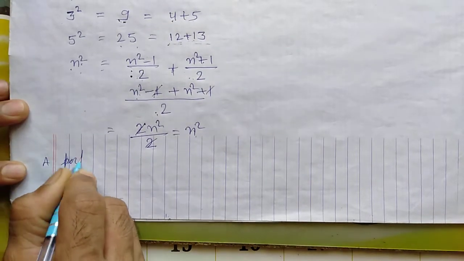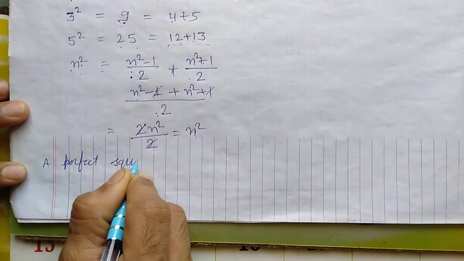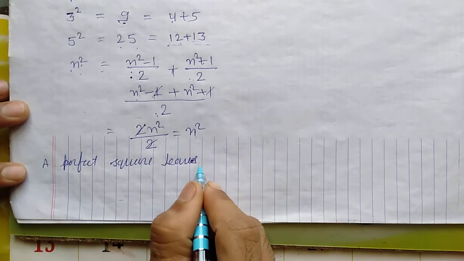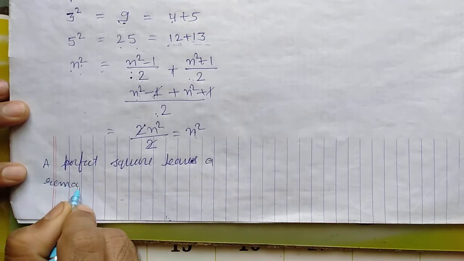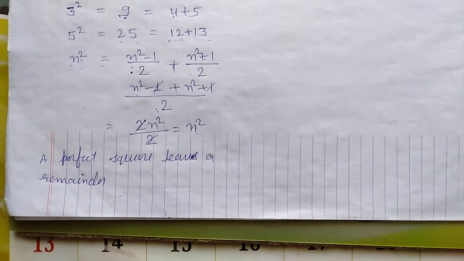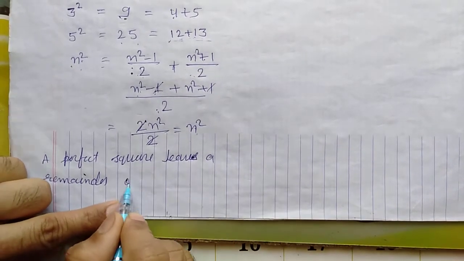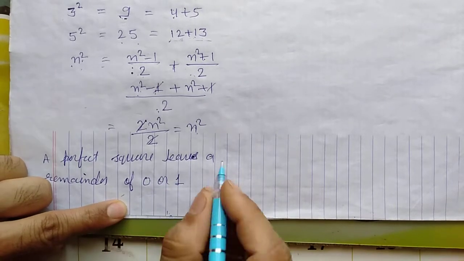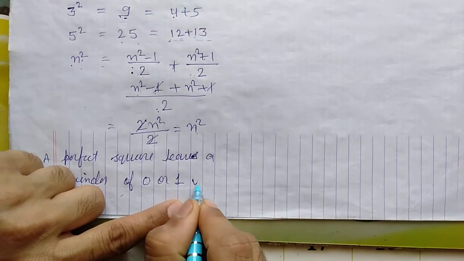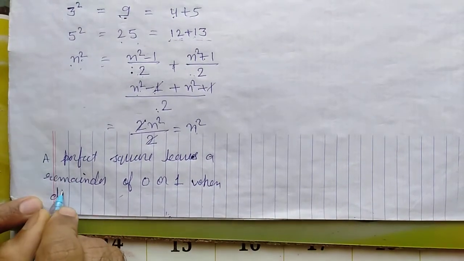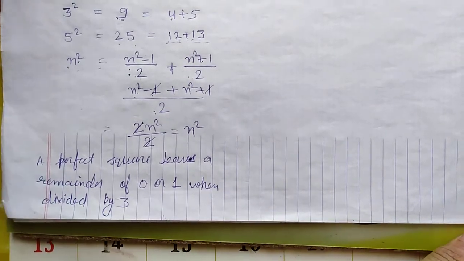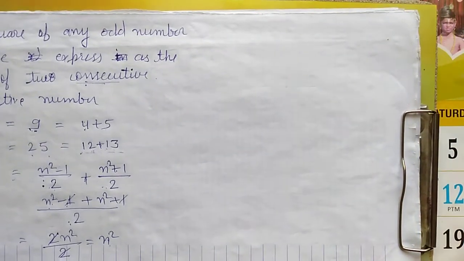A perfect square leaves a remainder of 0 or 1 when divided by 3. Right? Let's take an example of the same.